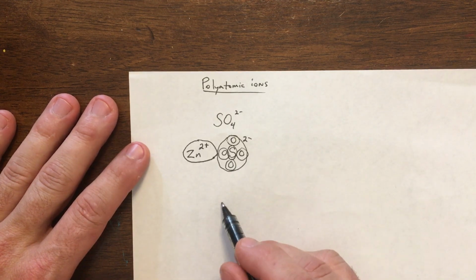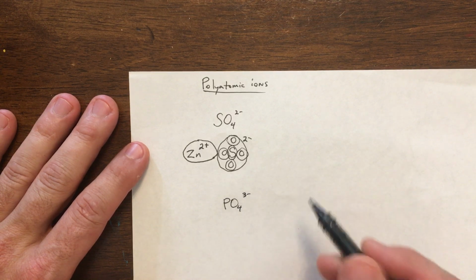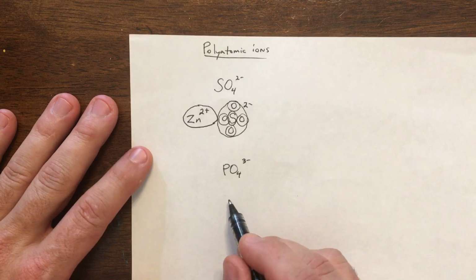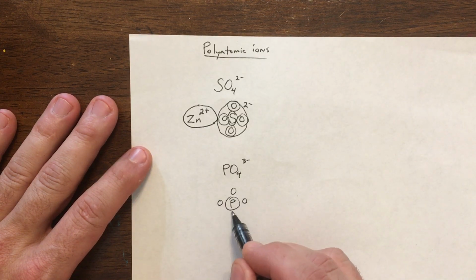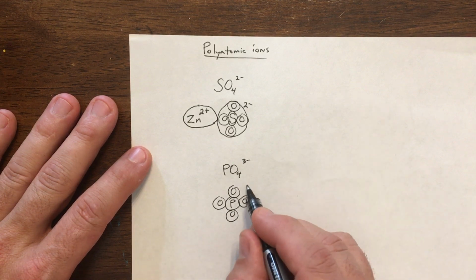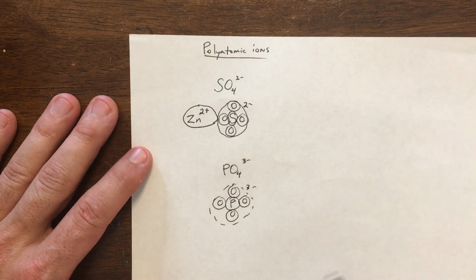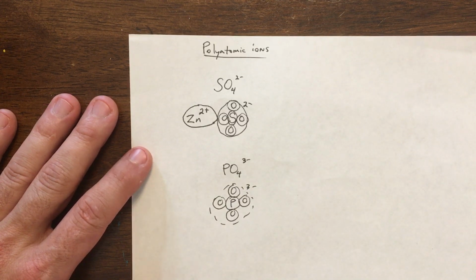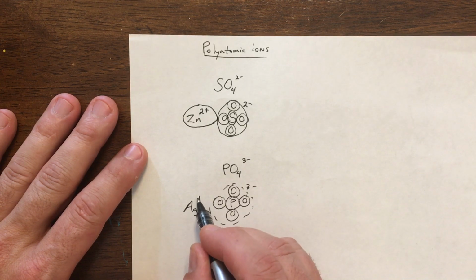Let's try another one. Maybe we have phosphate, PO4 3-. We're talking about a phosphorus atom joined to 4 oxygen atoms, and maybe that phosphate joins with silver this time. Silver tends to form a +1 ion.